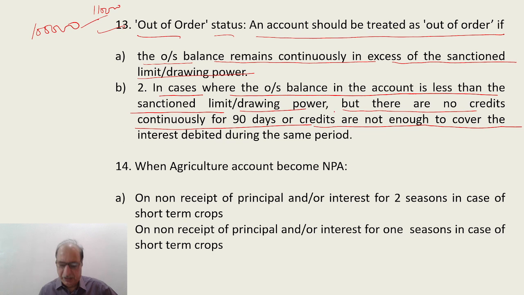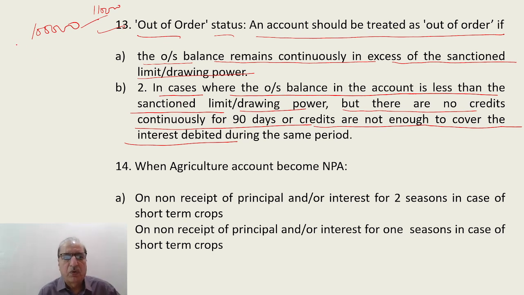So what is out of order? An account should be treated as out of order if the outstanding balance remains continuously in excess of the sanction limit or drawing power. And secondly, in cases where the outstanding balance is less than the sanction limit or drawing power, but there are no credits continuously for 90 days, or credits are not enough to cover the interest debited during the period.